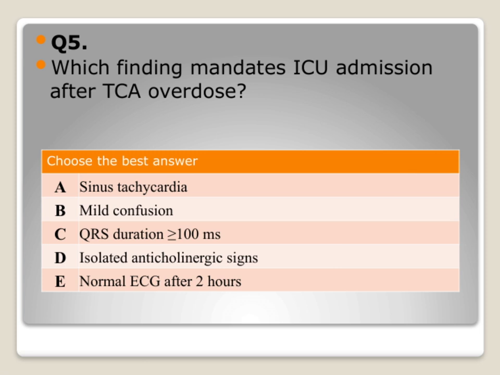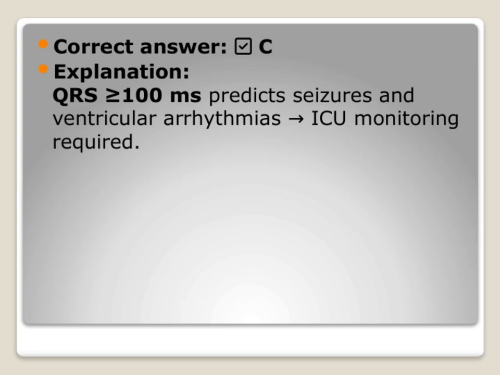And if the ECG normalizes after 2 hours, that suggests the patient is stabilizing, and ICU care might no longer be necessary. So, in summary, the finding that mandates ICU admission in this context is a widened QRS complex, specifically greater than or equal to 100 ms, because it signals a high risk for serious cardiac complications. The correct answer here is C, as indicated by the check mark.